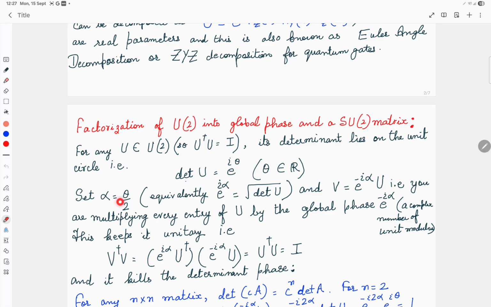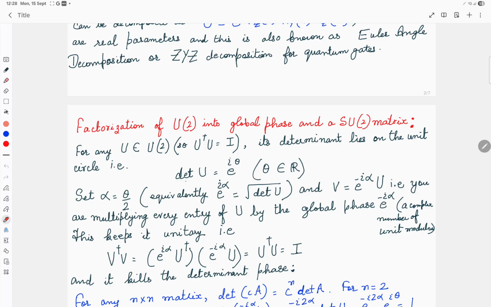If we set alpha equal to theta by 2, alpha is basically our global phase term. We substitute the value of theta, which is 2 alpha, and we get e to the power iota alpha equal to under root of determinant of U, because the power of 2 actually becomes the under root of determinant U.